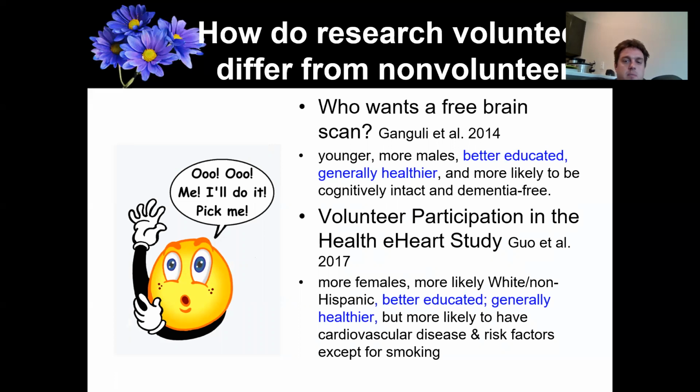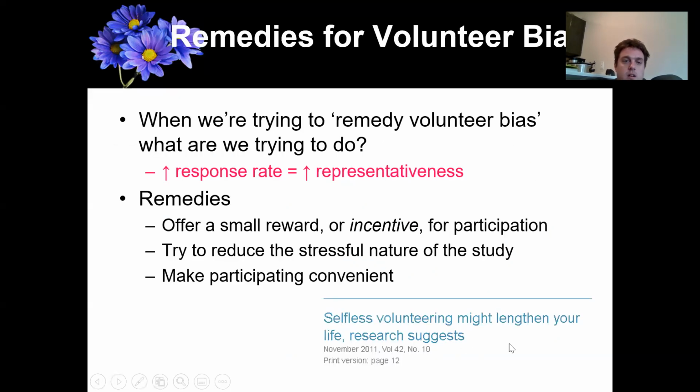Another example is a volunteer study relating to health and heart health. They found that there were more females, they're more likely to be white, better educated, generally healthier, and more likely to have cardiovascular disease and risk factors, except for smoking.